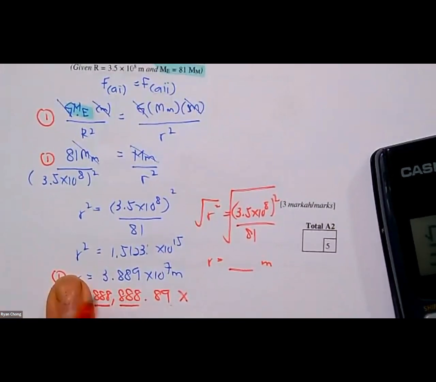Less than 6 digits, we can write the whole number. But 6 digits and above, we have to write standard form. Okay? All right. So this is the answer. Okay. All right.